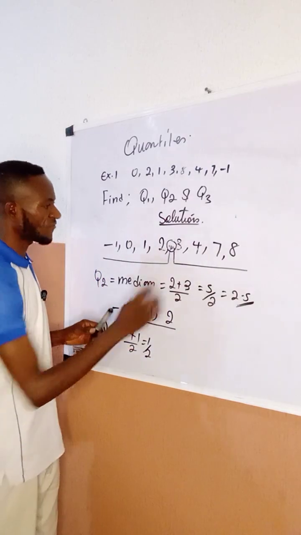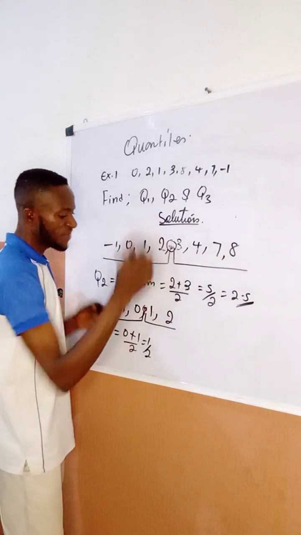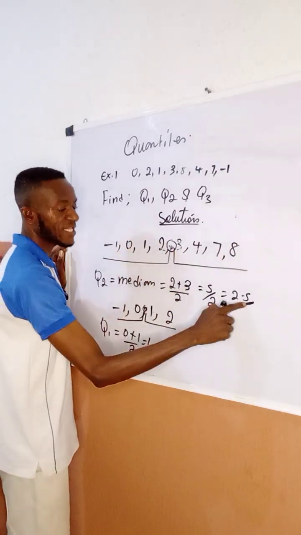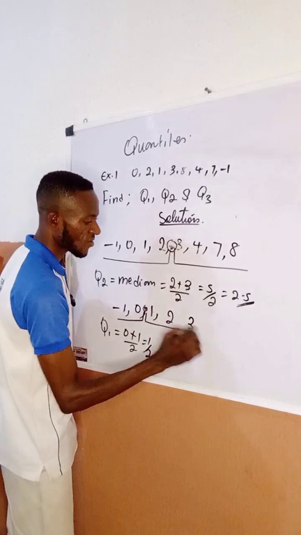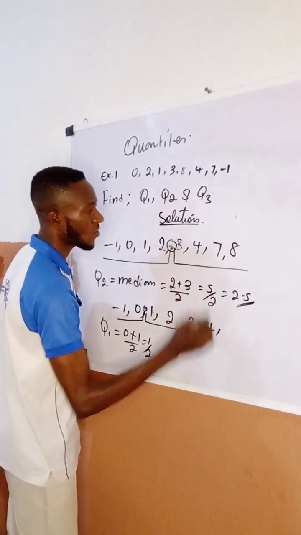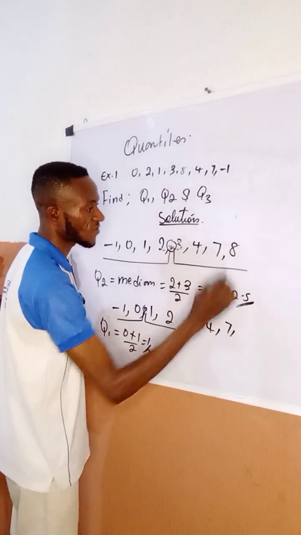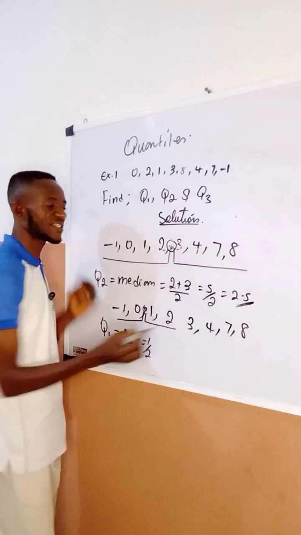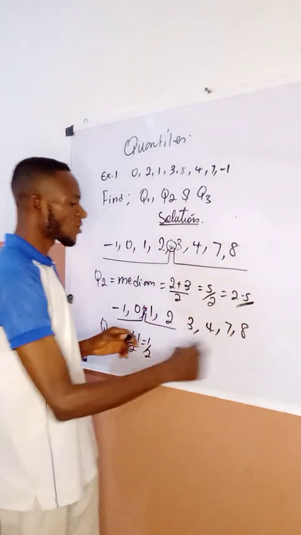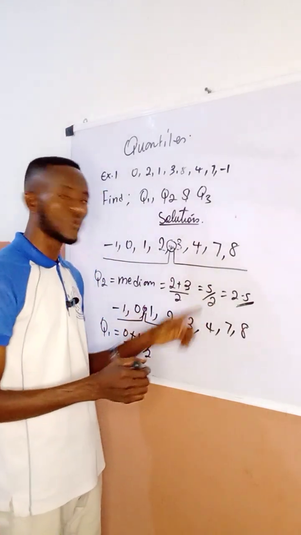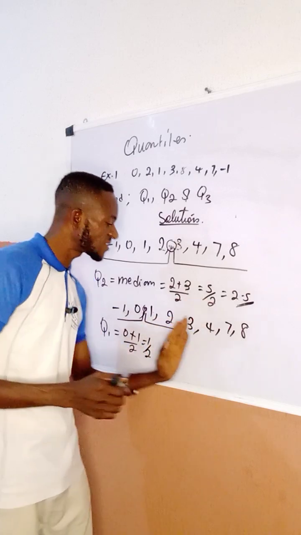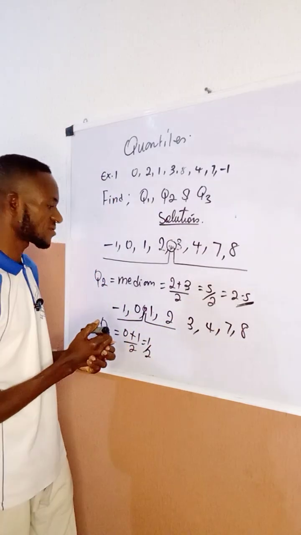Then we now come to this other part. You bear me witness that this 3 lies above this. So I have 3 here, 4 lies above this, 7 lies above this, and 8 lies above that. So for you to find the Q3, you are now going to look for the median of this second half of the distribution.